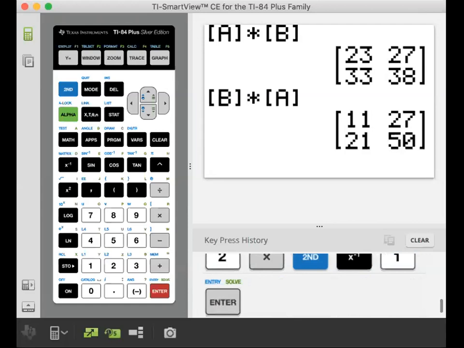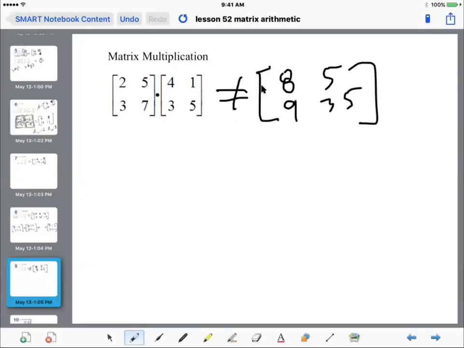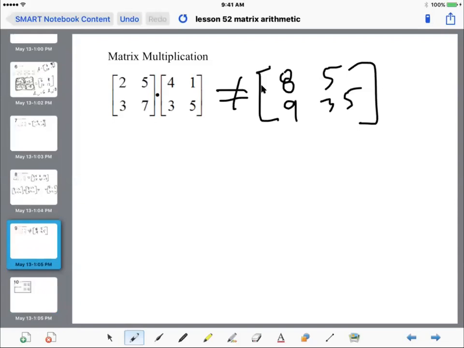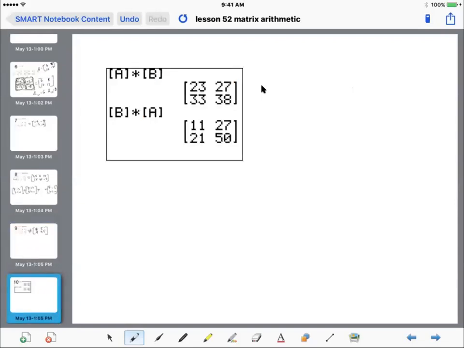Go back to the iPad. There it is. I think what I'll do is first I'll show you how to do the multiplication.